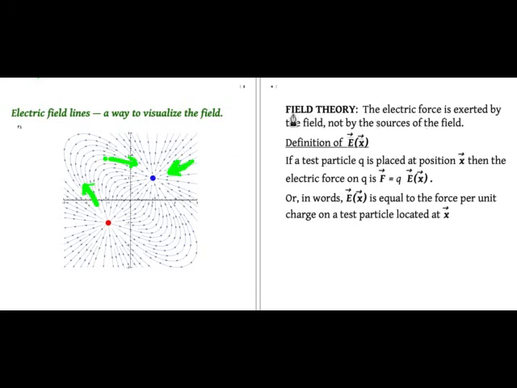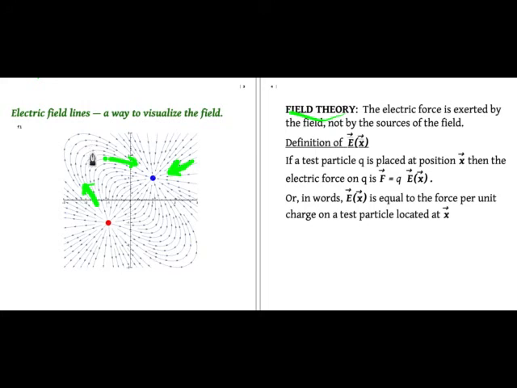All right, so the idea of field theory is that the electric force is exerted by the field, not by the sources of the fields. So in this system, you have two charges, a positive charge and a negative charge, and those are the sources of a field.